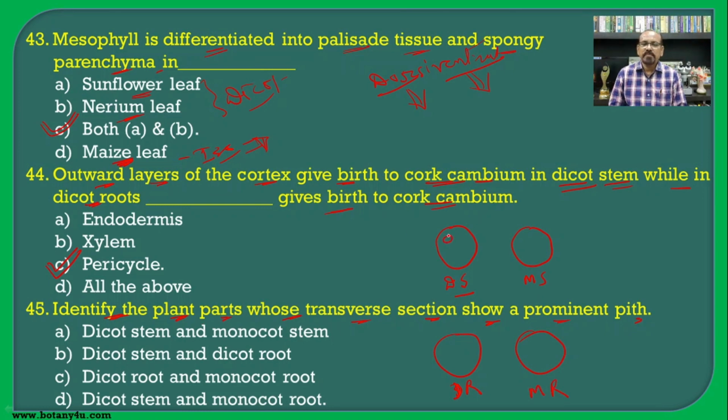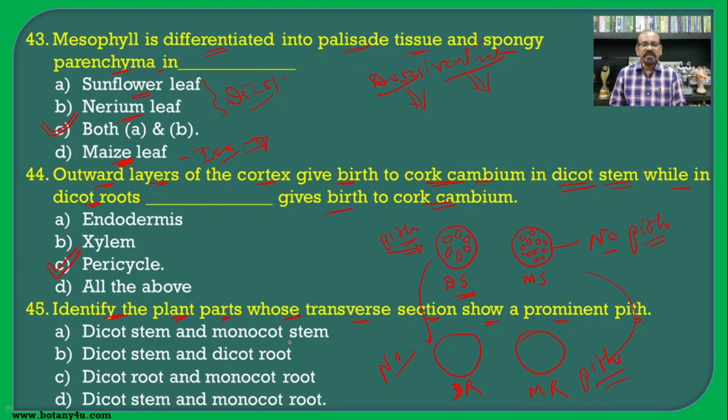As the vascular bundles are present in a ring in the dicot stem and scattered in the monocot stem, there is a presence of pith in the dicot stem and no pith in the monocot stem. Again we have to reverse the condition: no pith in the dicot root, and presence of the pith in the monocot root.